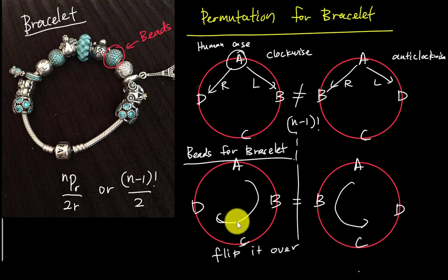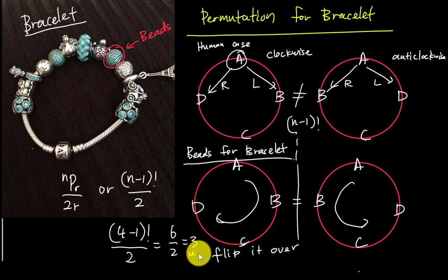Therefore, for this kind of example, we need to divide by 2. So let's say I have 4 different beads here. I will just do (4 minus 1) factorial divided by 2. So this is 3 factorial divided by 2, which is 6 over 2, which is only 3 ways. But we need to know which 3 ways we are mentioning here.